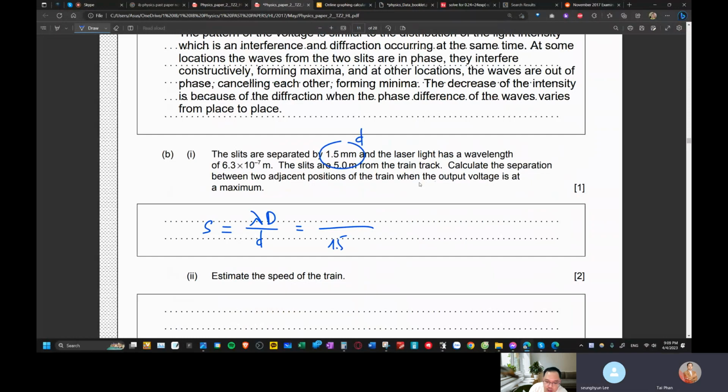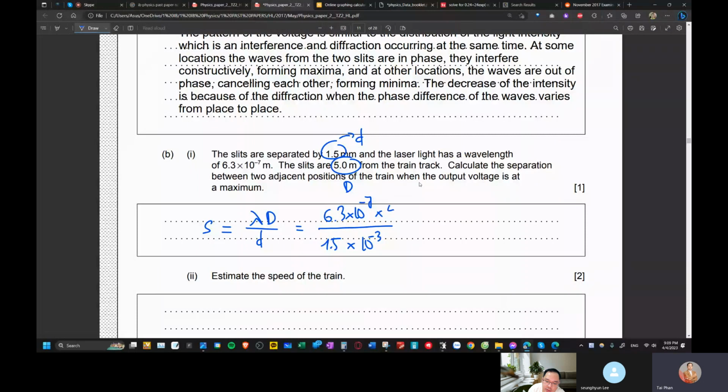We need to convert them into the same unit, meter. 1.5 millimeter times 10⁻³ converts into meter. Every quantity in this formula must be in meters. The wavelength is 6.3 times 10⁻⁷, and the distance big D is 5 meters here. This is big D, this is small d.